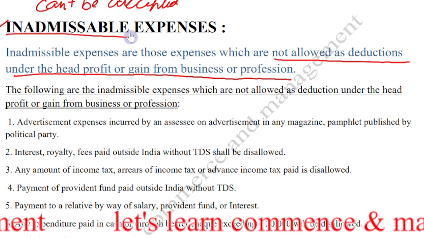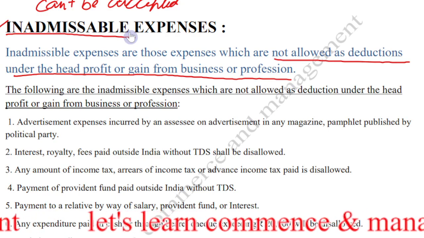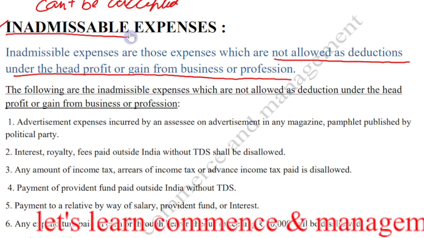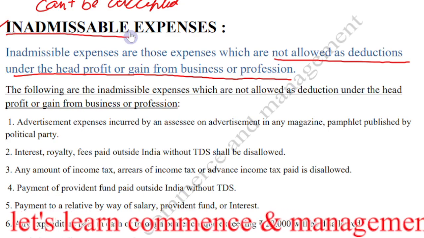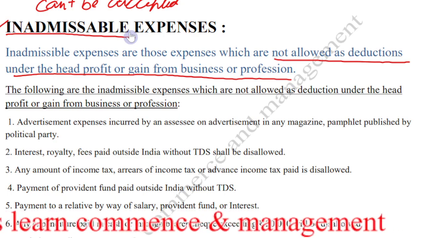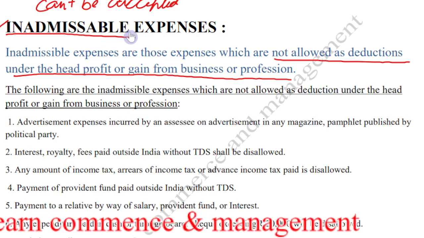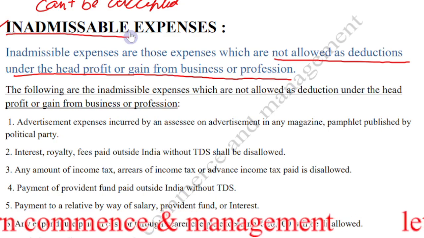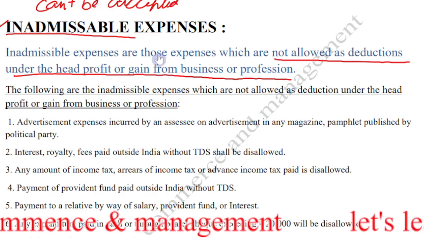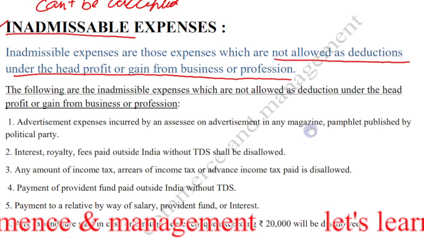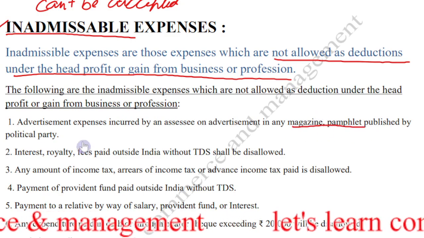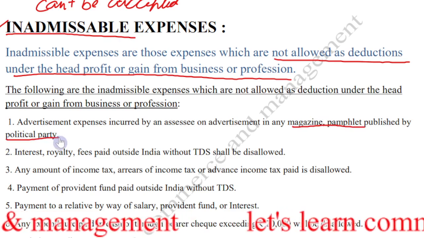Now let us see the expenses which are inadmissible under the head profit or gain from business or profession. The first one is advertisement expenses incurred by an assessee on advertisement in magazines or pamphlets published by a political party.